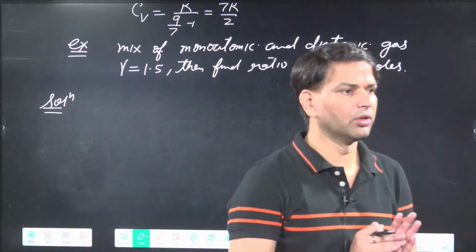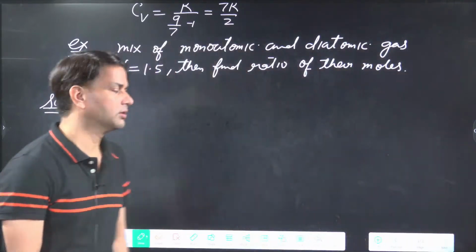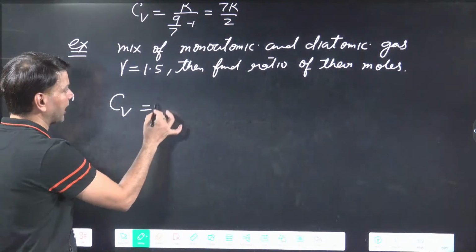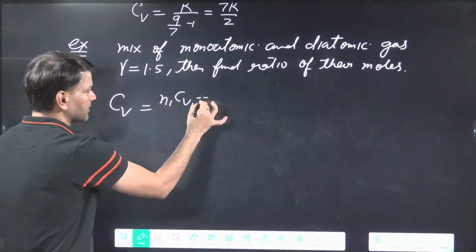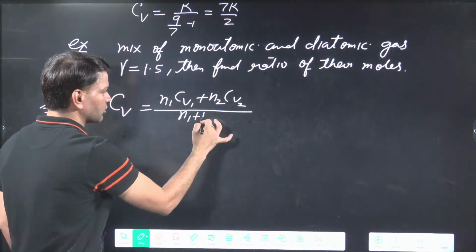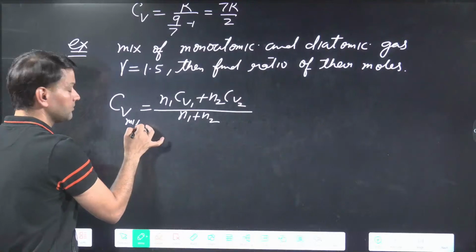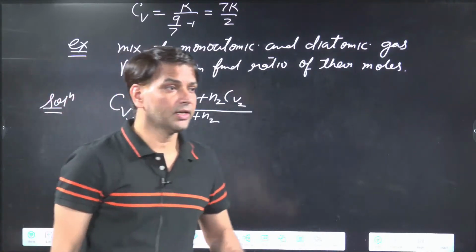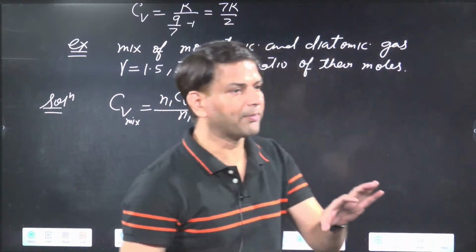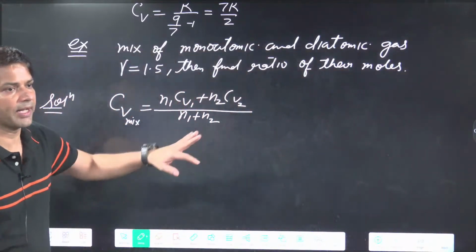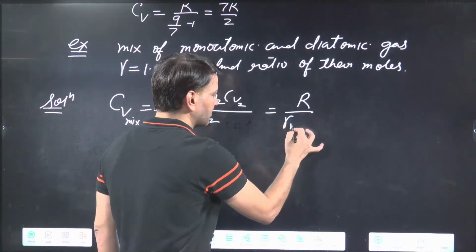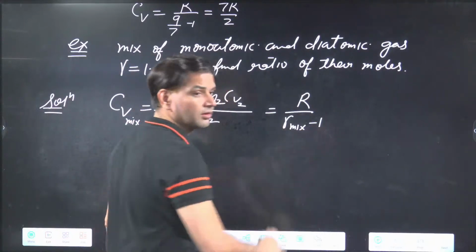Gamma mixture we know. So which formula can we use? The Cv mixture formula is N1 Cv1 plus N2 Cv2 upon N1 plus N2. Yes or no? And Cv in terms of gamma is R upon gamma minus 1, so this I can write as R upon gamma mixture minus 1.